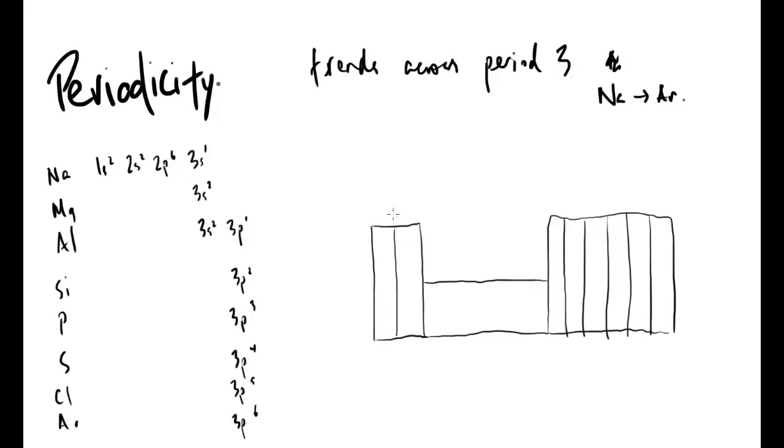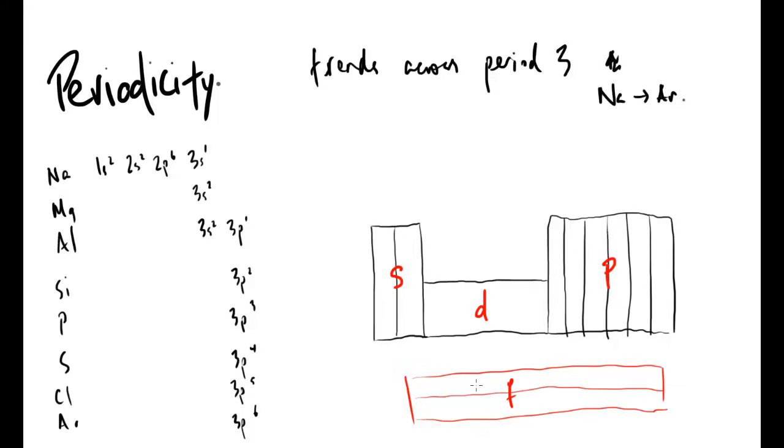Then we've got these classifications of various blocks. So we call this the S block, this is the D block, and this is the P block. Down here you would have the F block, which is the lanthanides and the actinides, but you don't need to worry about those. But that's where you'd have the F, and that's your next orbital in.